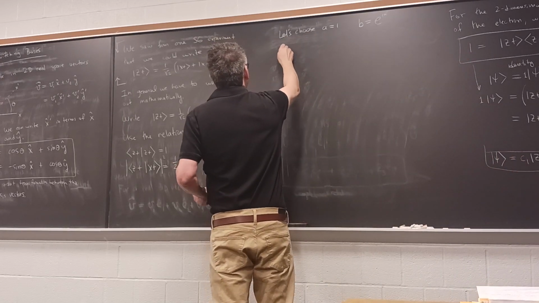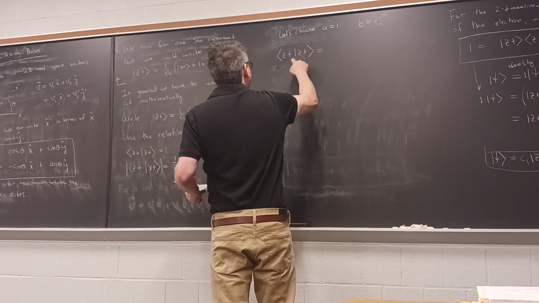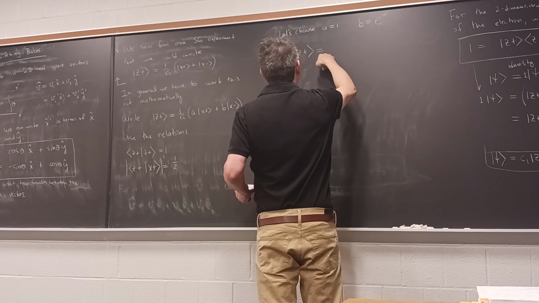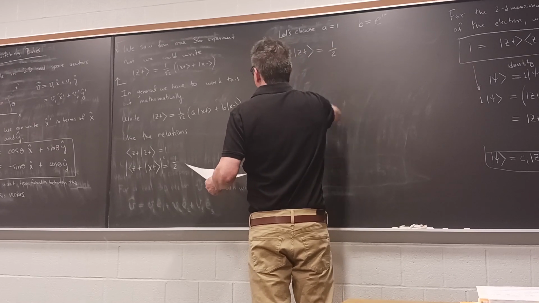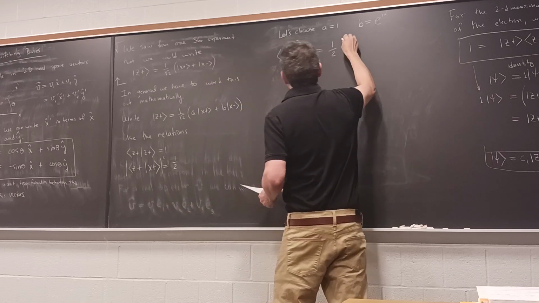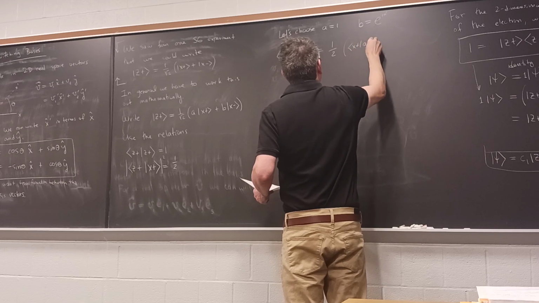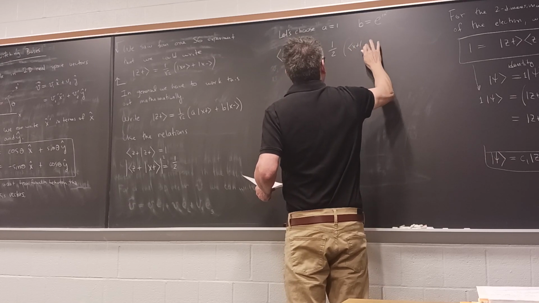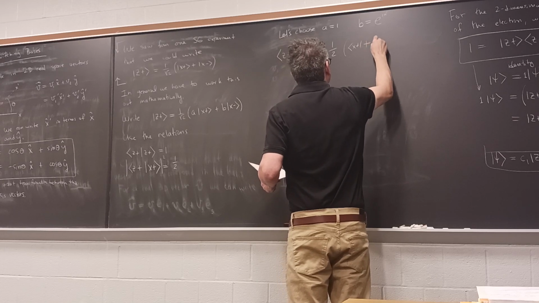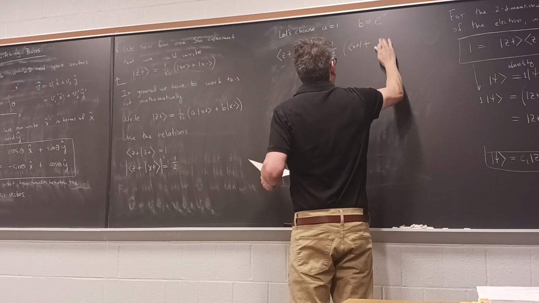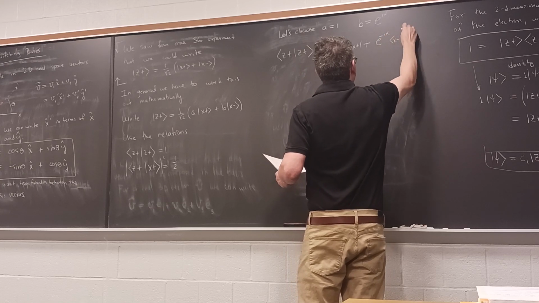Okay, so if we take this inner product with itself, then I'll have 1/2 from 2 factors of 1 over the square root of 2, and then we'll have x plus times a, which is 1, plus e to the minus i alpha x minus.